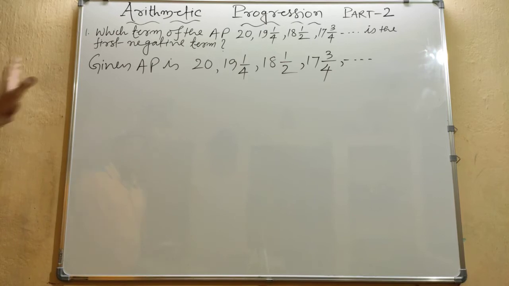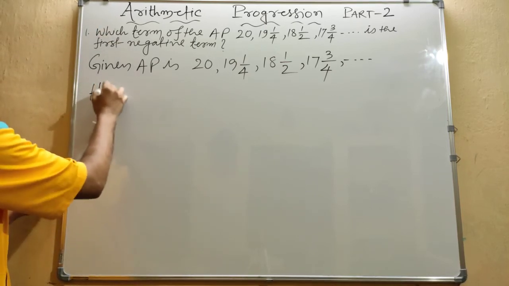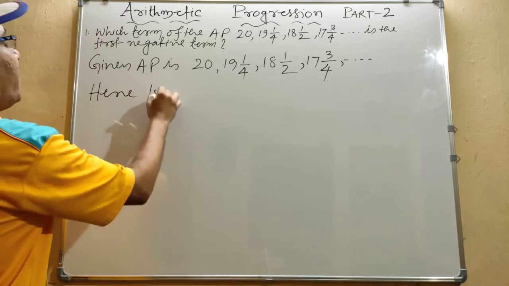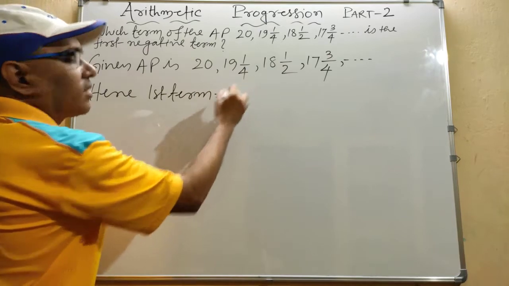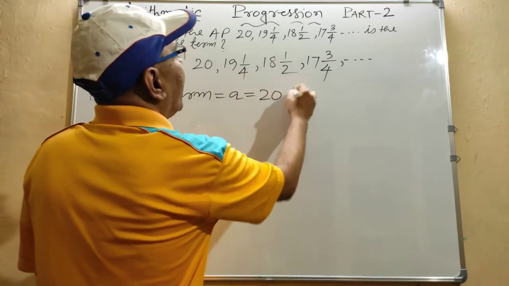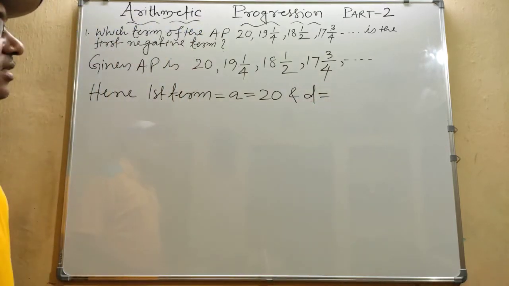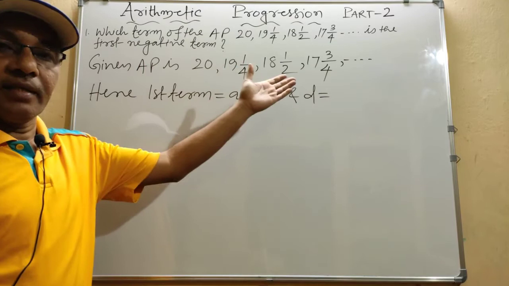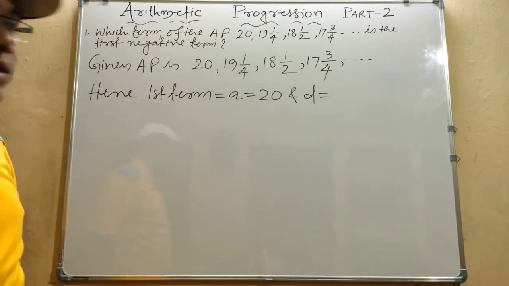First of all, since it is given in AP, here the first term we denote generally by a as 20, and find the common difference. If it is in AP, the difference of any term and its previous term will give you the common difference.